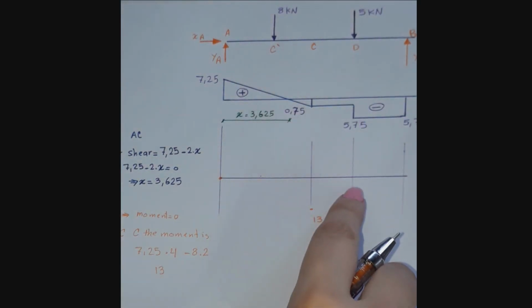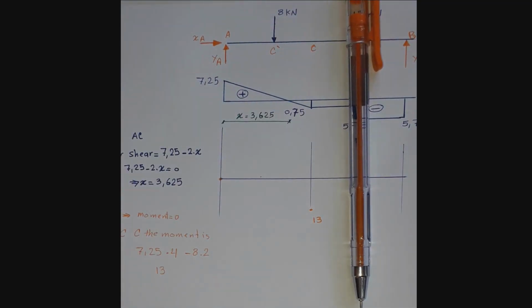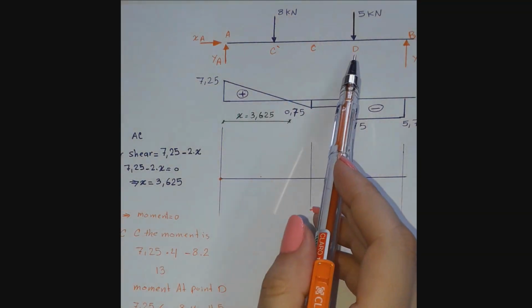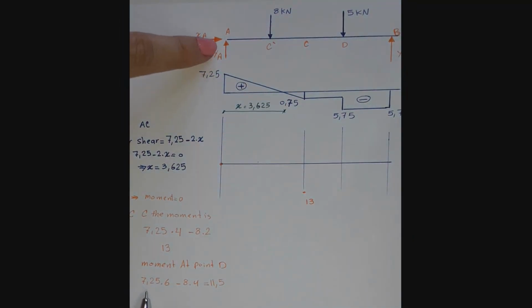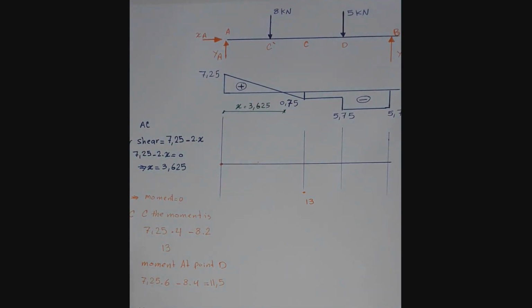At point D, we imagine that we made a cut, and we look at the forces at the left. We have YA, which is 6 meters away from point D, and we have this 8 kilonewton, which is 4 meters from point D. So at point D, we have 7.25 multiplied by 6, the perpendicular distance between point A and D, and this 8 multiplied by 4.